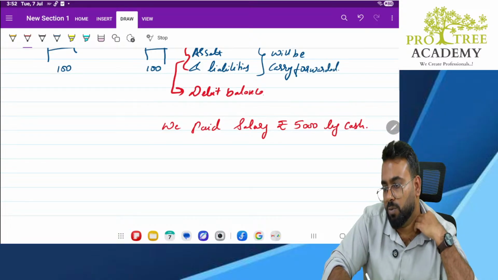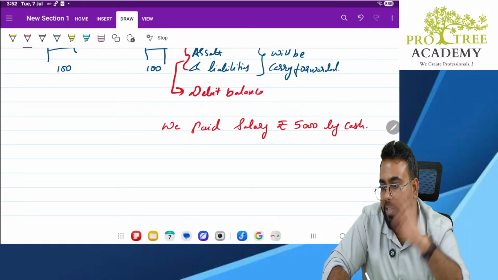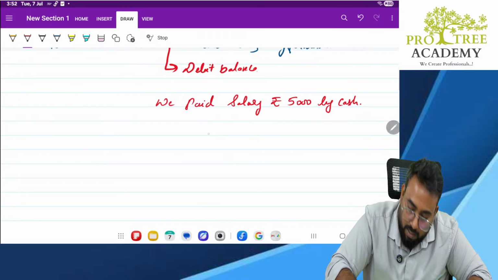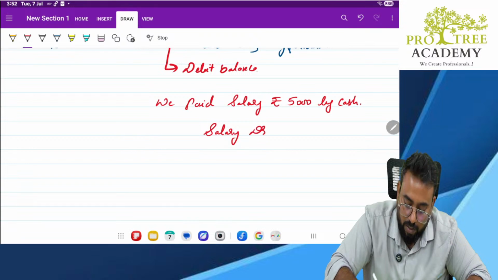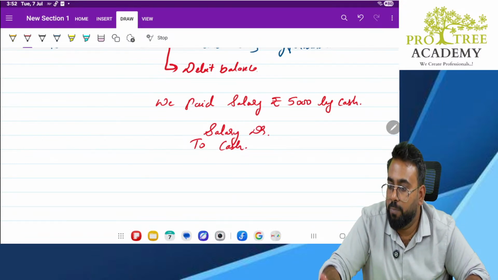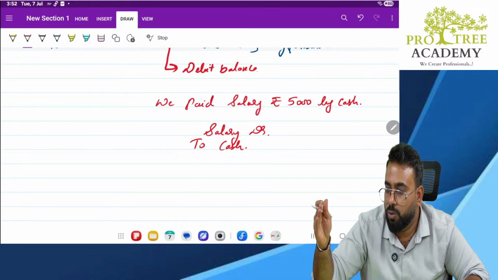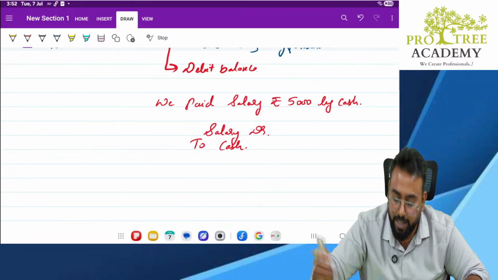Two legs of the transaction. One is salary, one is cash payment. Tell me, sir, what is the entry? Salary is an expense. When expense goes up, it will be debit. Two, cash is an asset. When we pay from cash, the cash balance will decrease. Correct or no? So when asset decreases, it will be credit.